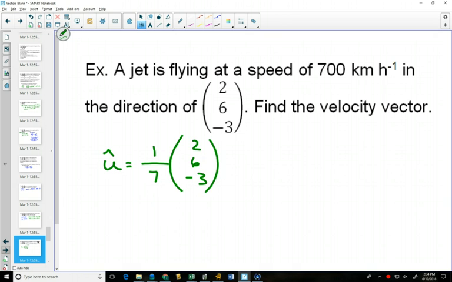Another way you could do this one is you might have figured out, oh, this vector has a length of 7. If I would want a length of 700, I would just have to multiply by 100. But usually you're going to find the unit vector first because it's not often that the numbers work out that nicely.